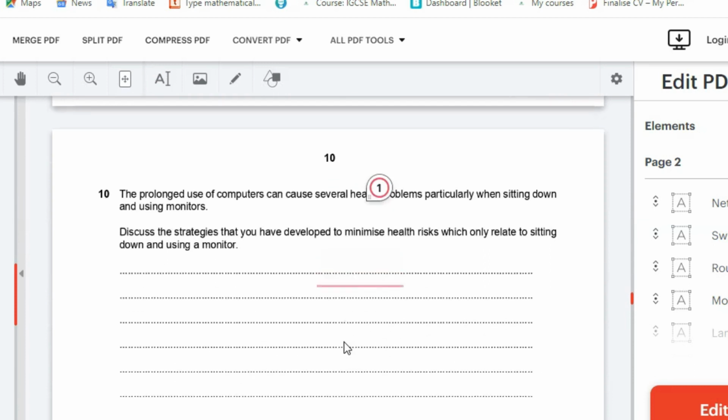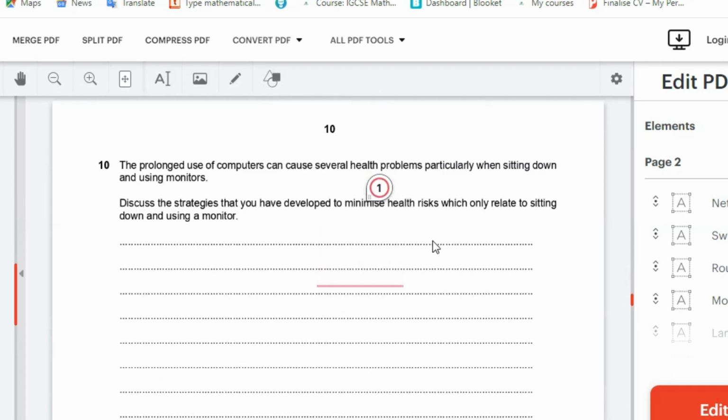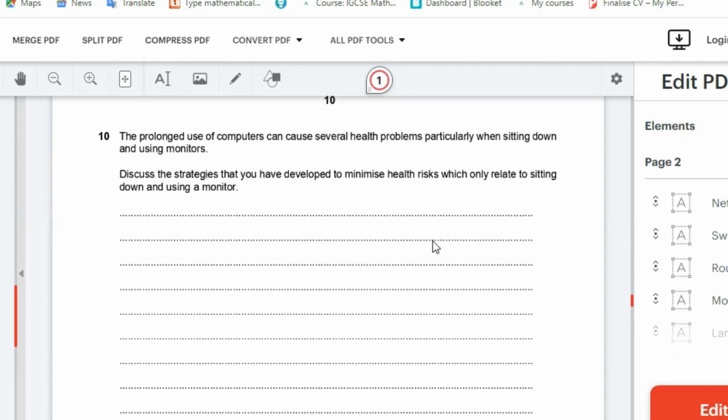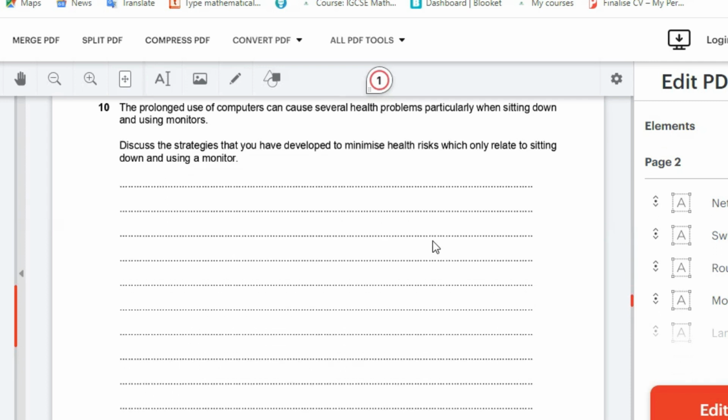Question number 10 now. The prolonged use of computers can cause severe health problems, particularly when sitting down and using monitors. Discuss the strategies that you have deployed to minimize health risks, which only relate to sitting down and using a monitor.